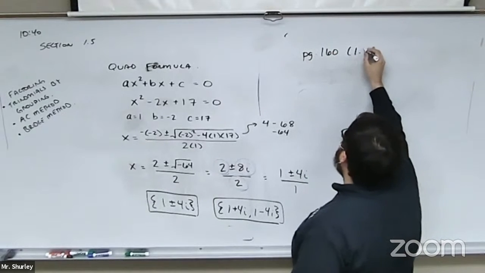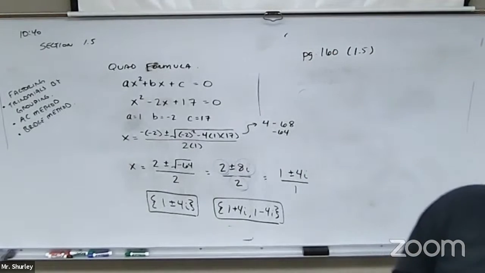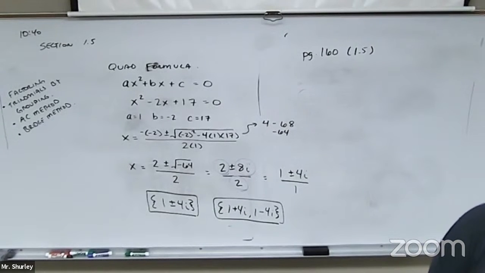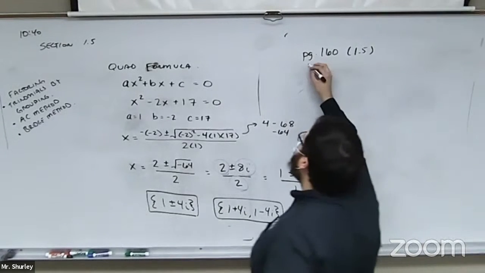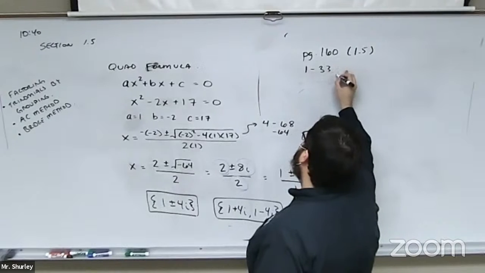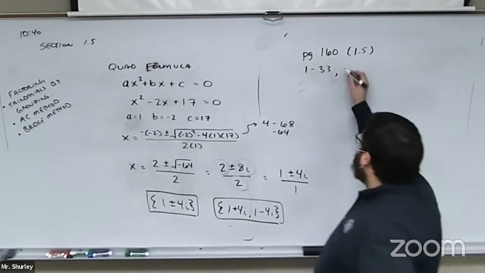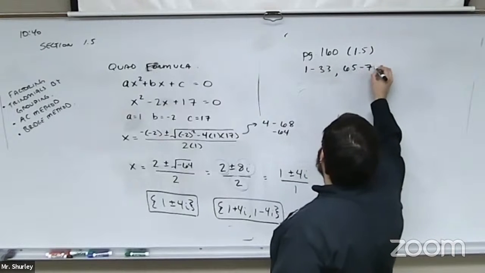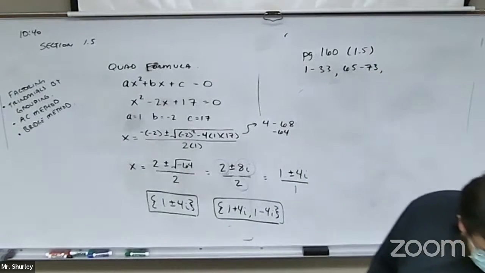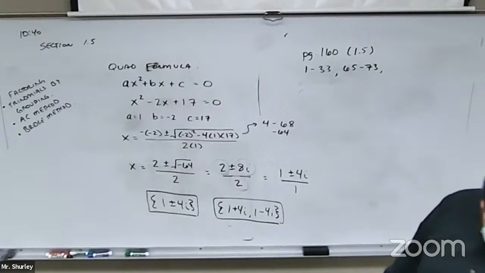Remember this is section 1.5. I want you to do 1 through 33. These are all going to be odd, guys. 1 through 33, and then a little skip action: 65 through 73. And then lastly, 83 through 103.